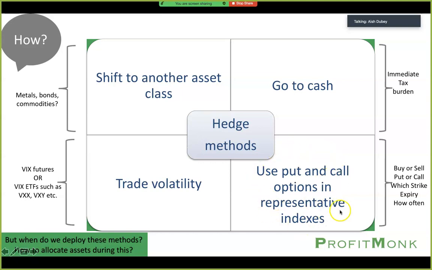So this is the quadrant we will be focusing on for the next 15 minutes, which is how to use put and call options in representative indexes to generate cash as well as to hedge. The questions are, what to buy, which option to sell, what strikes, expiry, and how often to do it.